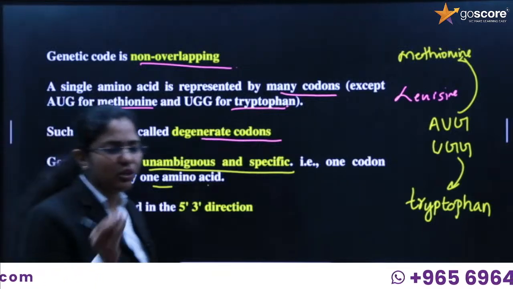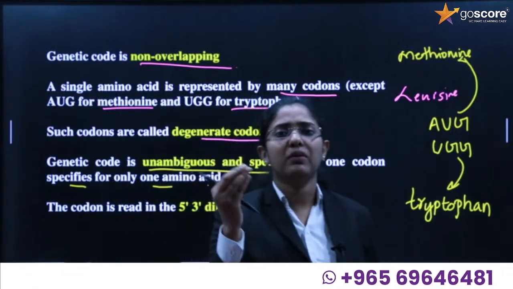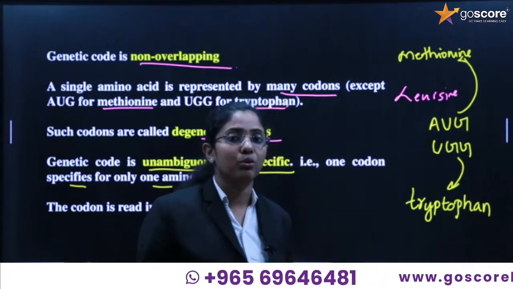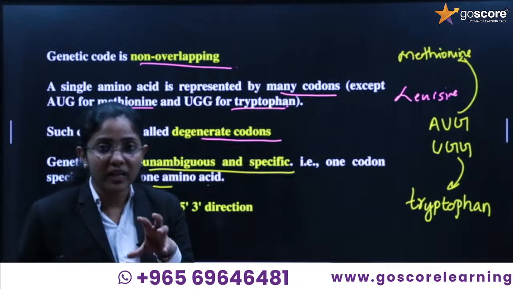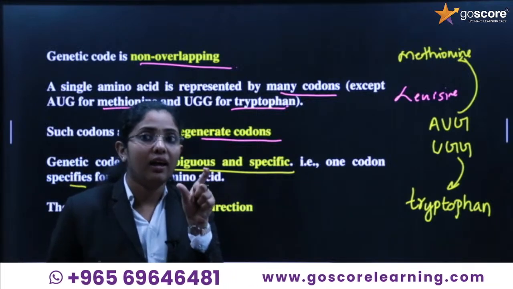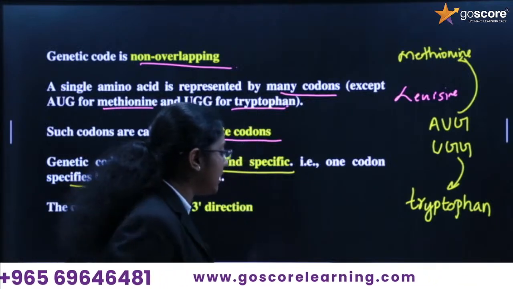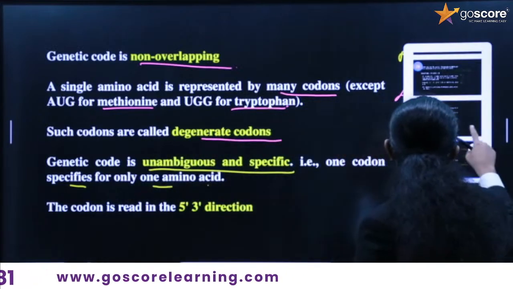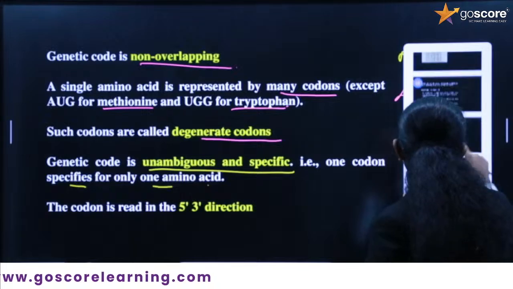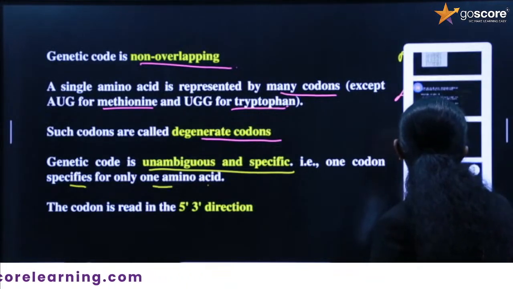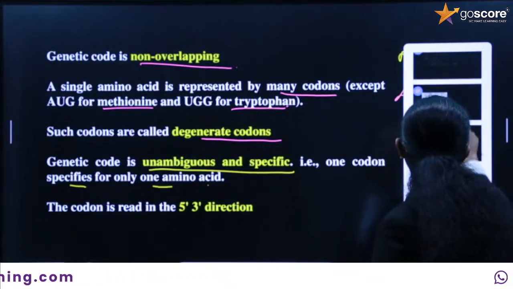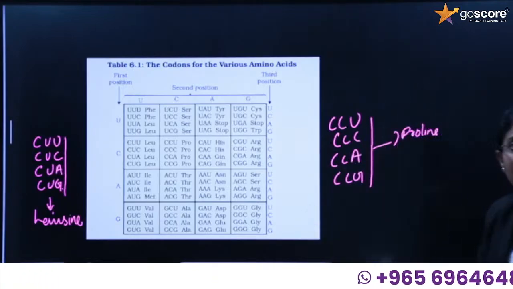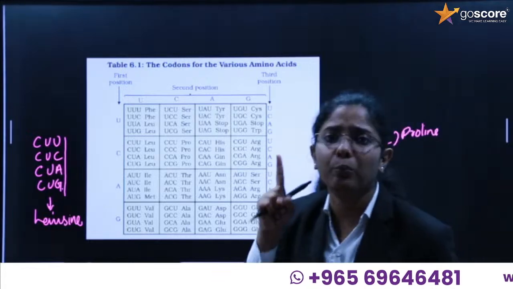You may have some doubt because of the previous statement that one particular amino acid has different codons. But that particular sequence, that codon, will code only for one particular amino acid. CCU will be coding only for proline.